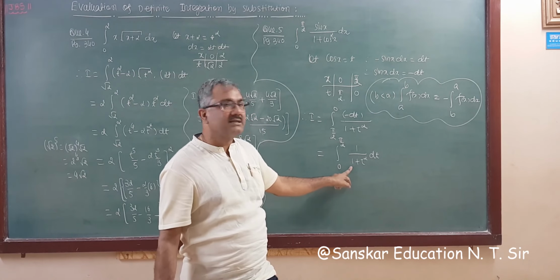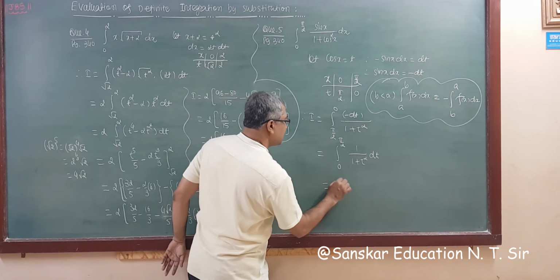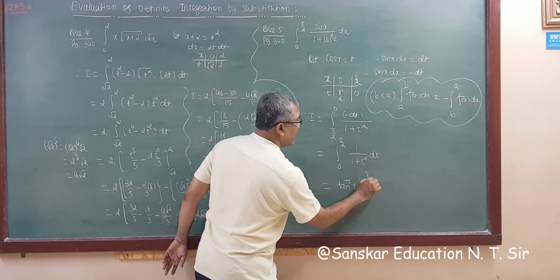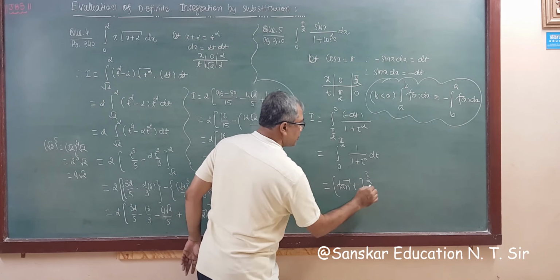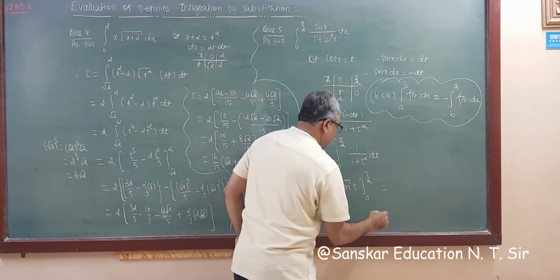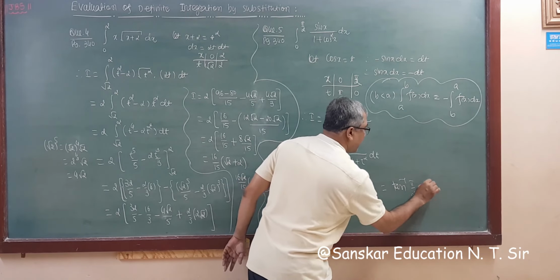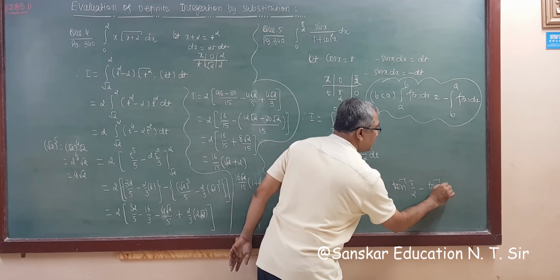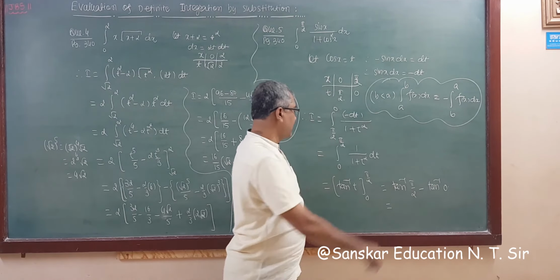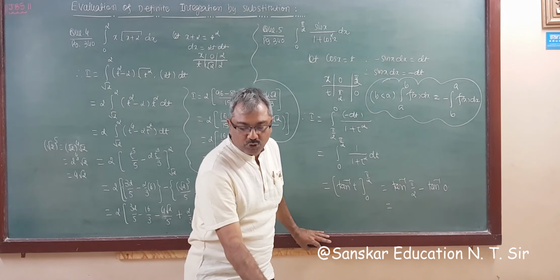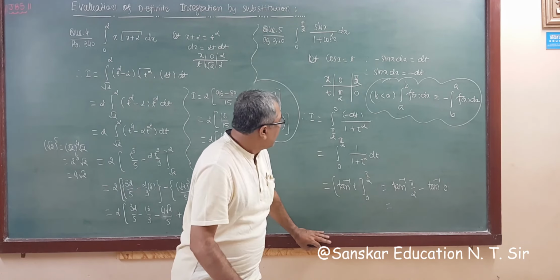Now what is this? This is tan inverse. So the answer is tan inverse t from 0 to 1, right? So applying the limit, I am writing here, tan inverse 1 minus tan inverse 0, right? How do we get this?